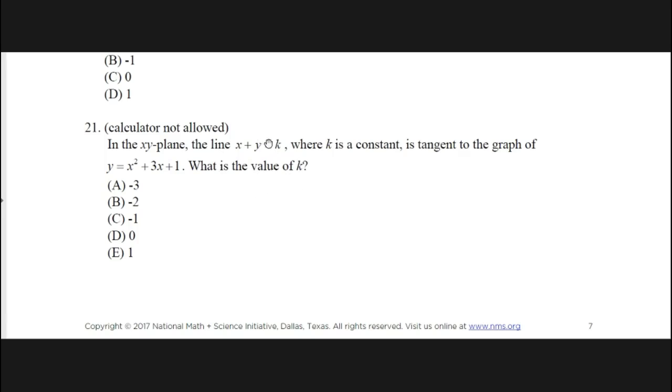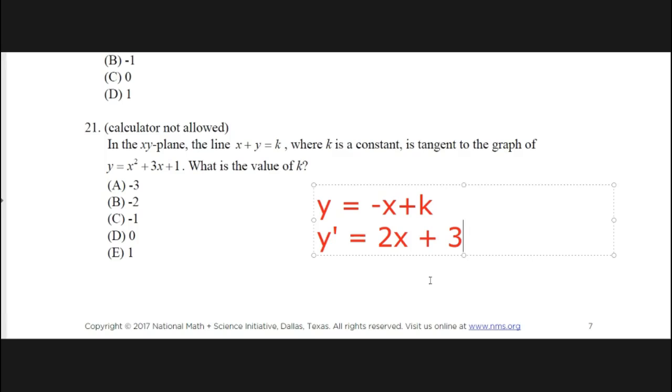So again, if you rearrange these terms, you'd have y equals negative x plus k. If you take your derivative of the other graph, you have y prime equals 2x plus 3. If these represent the same thing, then all you have to do is set them equal to each other and solve for k.